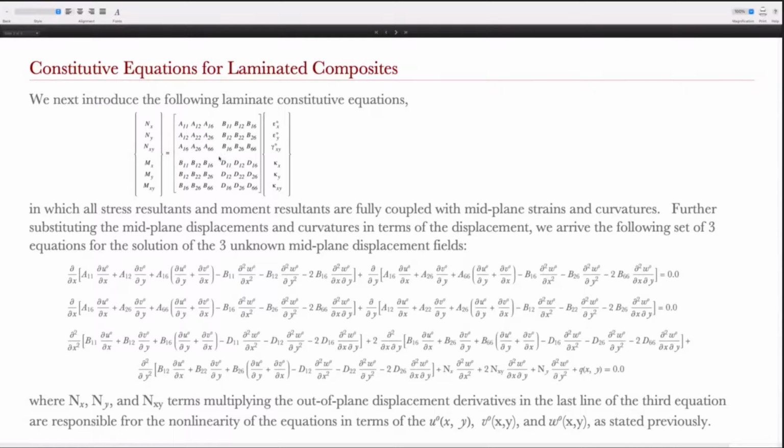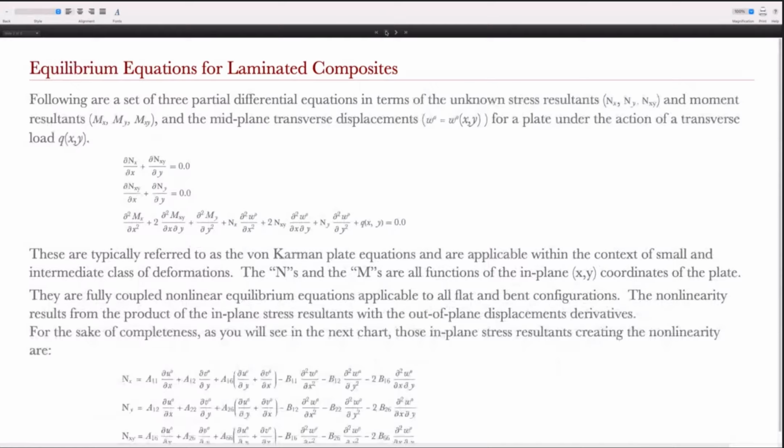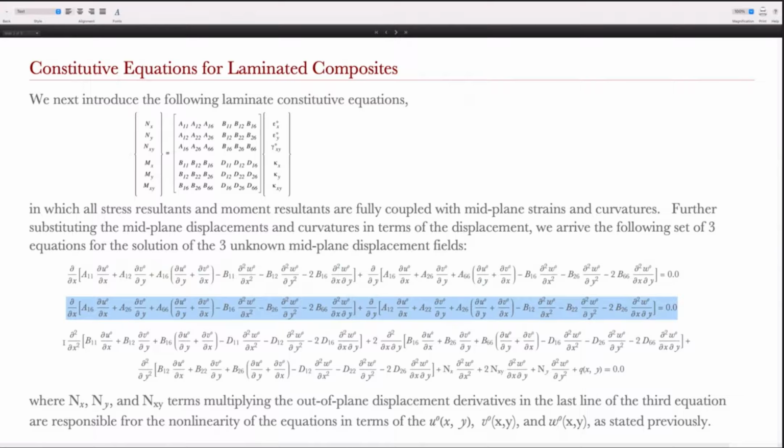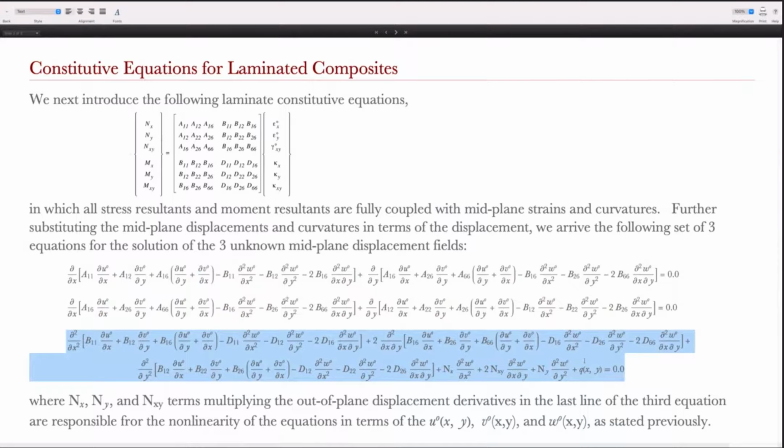If you put these equations into the top equation in the previous chart, back into these three equations, you get these three equilibrium equations. Three partial differential equations, coupled in terms of u, v, and w displacement. Very complicated. It's very difficult to solve these.